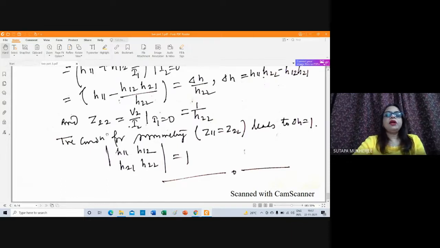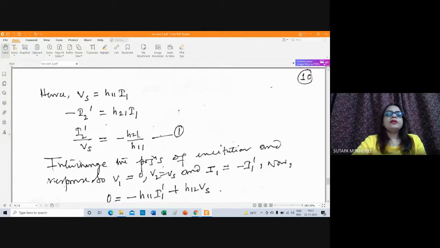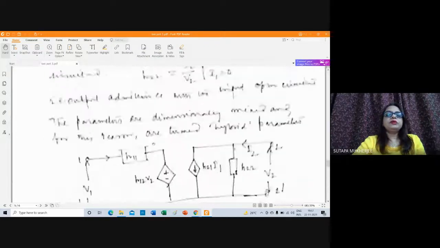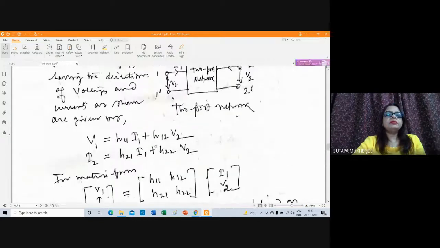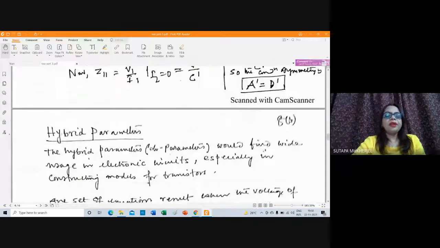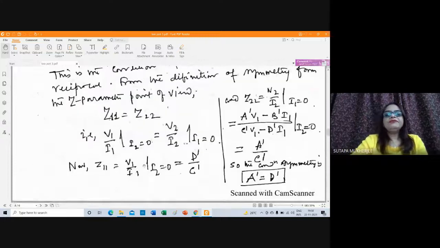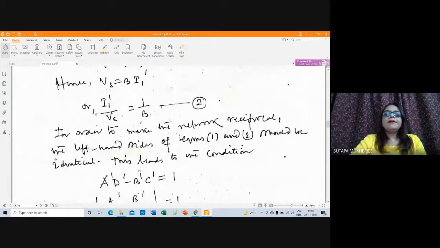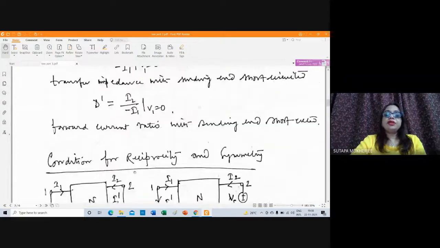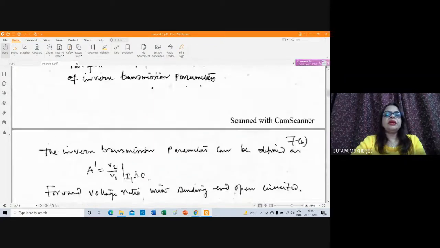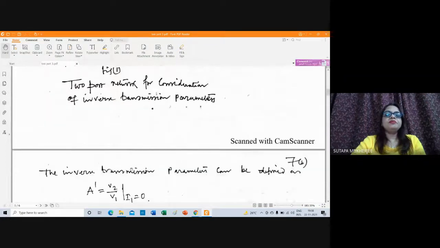So this was for the inverse transmission parameter. No, this is the hybrid parameter, not inverse. So we have completed the derivation for the inverse transmission parameters, that is A prime, B prime, C prime, D prime.